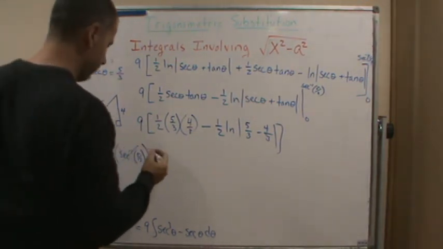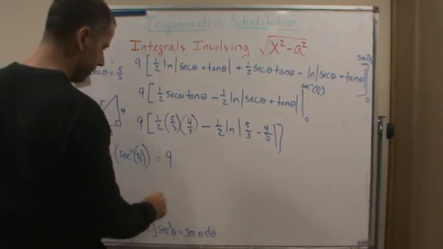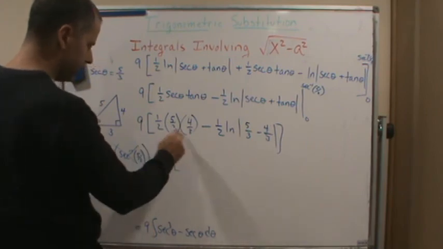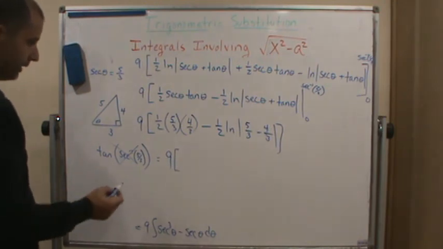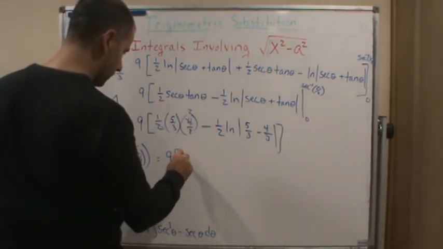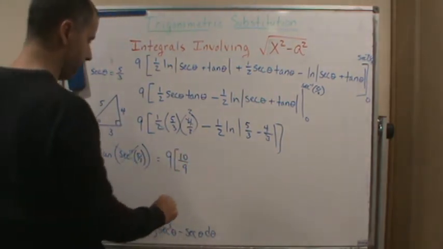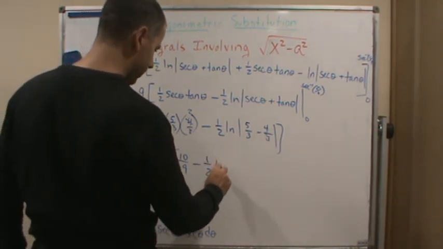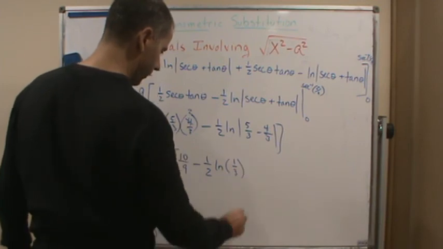So now, this is going to be 9, and this simplifies to, well, nothing, oh yeah, this cancels out. So this becomes 10/9 minus 1/2 the natural log of 1/3.